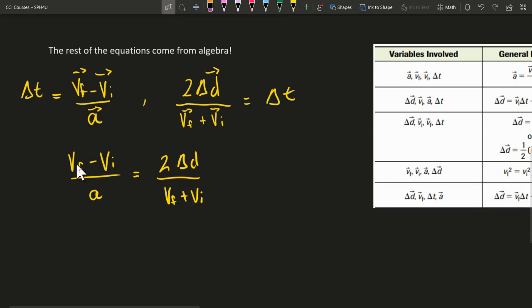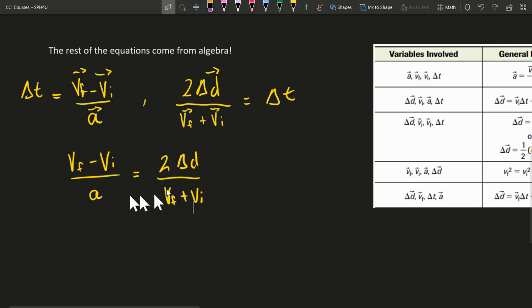And now I'm going to drop my vector symbols here, because I'm about to multiply some vectors, and at this level of physics we don't have a technique for vector multiplication. We do have vector addition and subtraction. So I'm going to do this with the scalar versions rather than the vector versions.